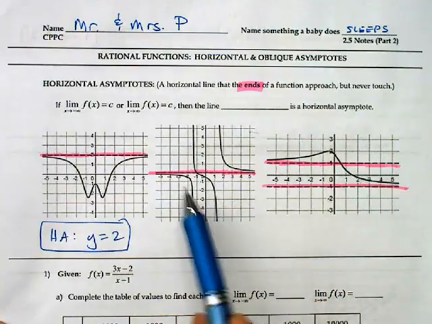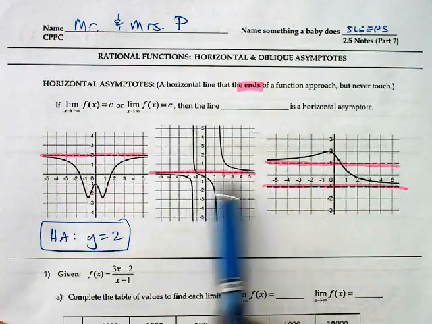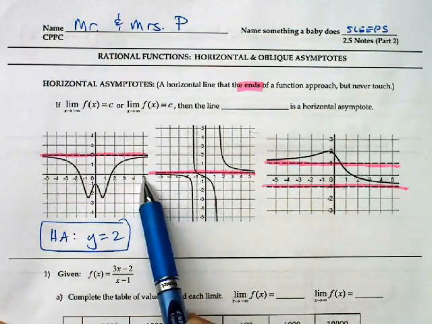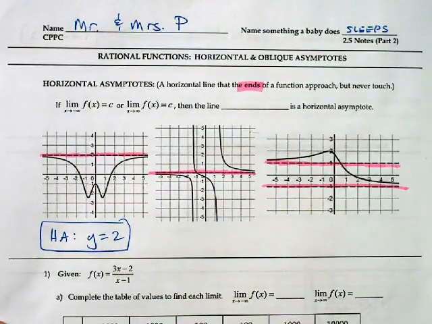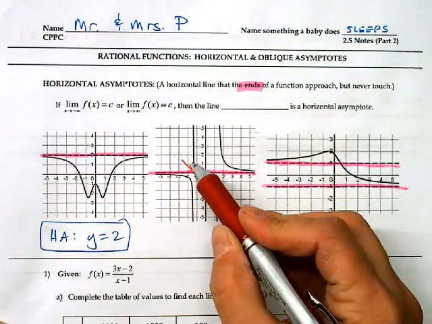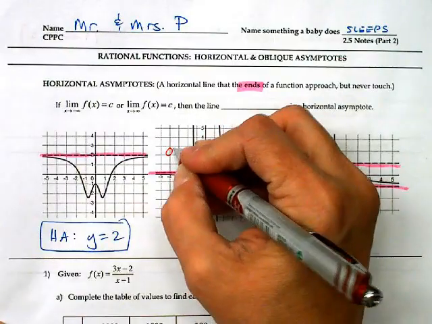When we look at this graph in the middle, you can appreciate, I hope, that the right end of the graph and the left end of the graph are getting closer to the x-axis, which is the horizontal line y equals 0. You might be a little perturbed that in the middle of the graph, we do show the graph crossing through the horizontal asymptote.